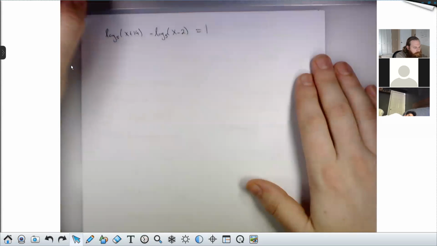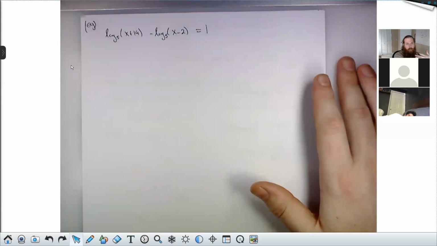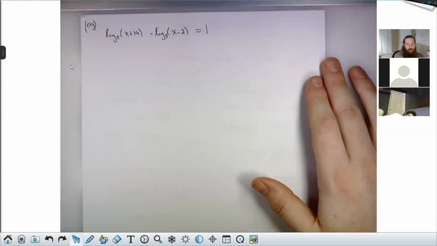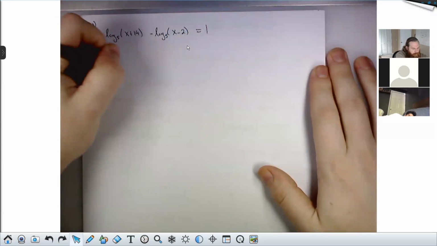So if I want to solve this, first I need to get all the log stuff together into a single term. Right? My goal is to get this into the form of a basic log equation, which is the log of some variable stuff equals a constant. Which means I need to put these two logs together into a single log. And I've got a rule that lets me do that.